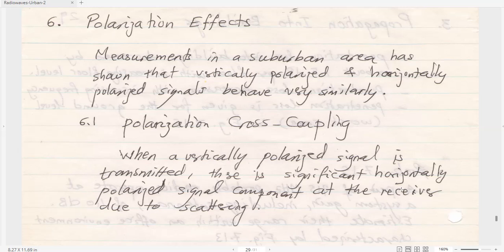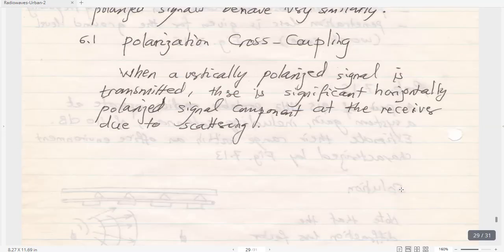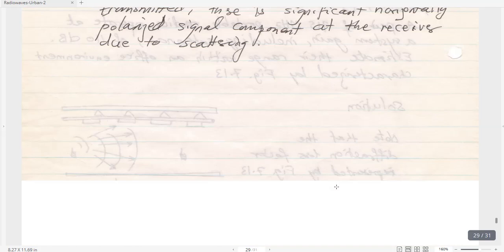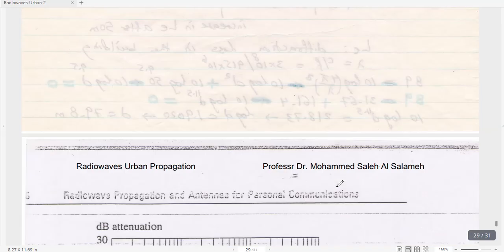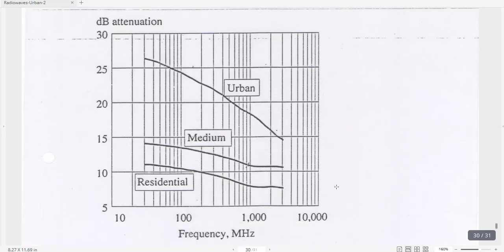Polarization effects. Cross coupling: when a vertically polarized wave is incident and it is reflected from buildings, scattered and diffracted, there would be a resulting horizontal component, and this is cross polarization. This is the attenuation.